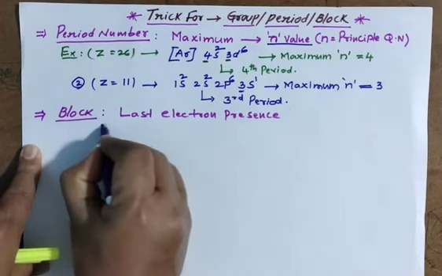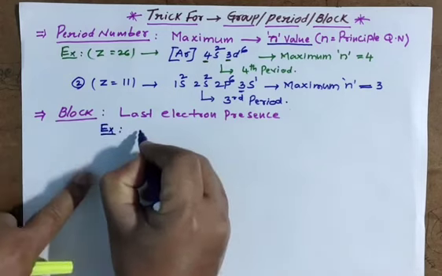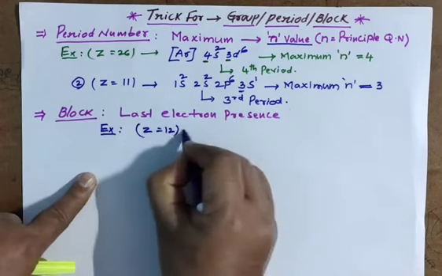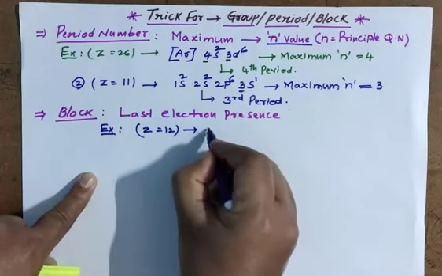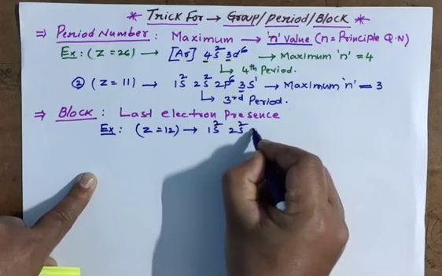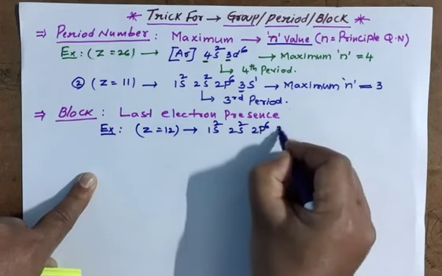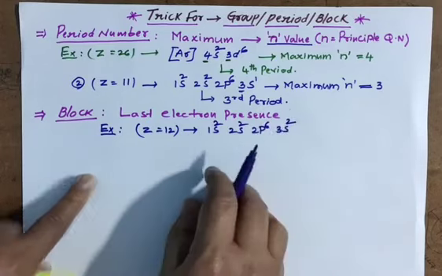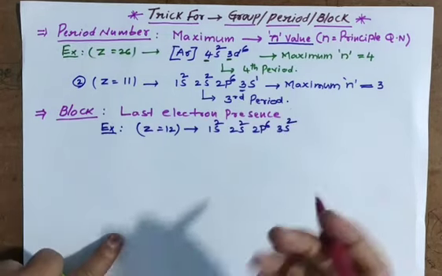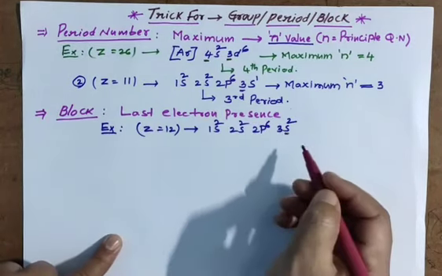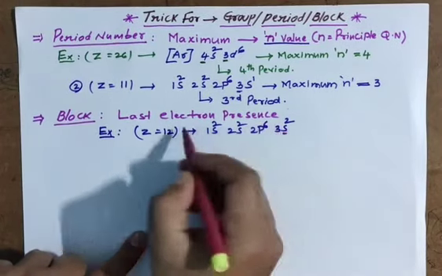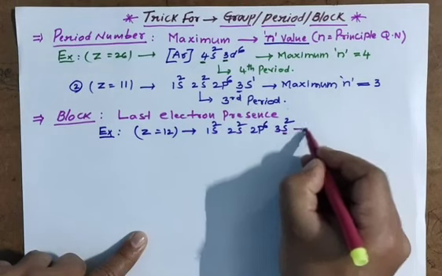I am taking an example here, Z equal to 12, and which is the block? So the configuration is a must: 1s2, 2s2, 2p6, 3s2. See, the last electron is present in the s orbital, that is the s subshell.